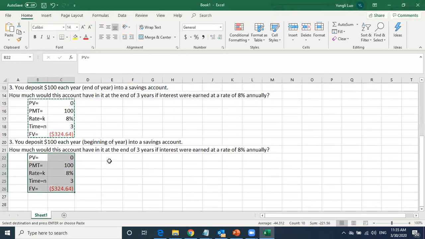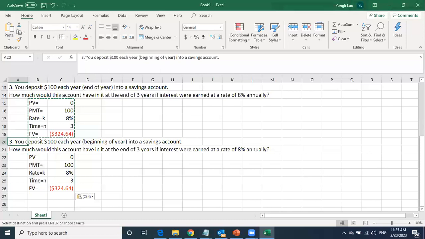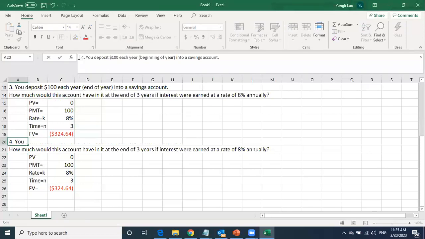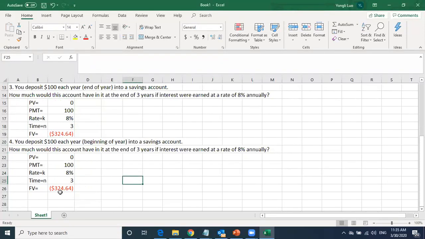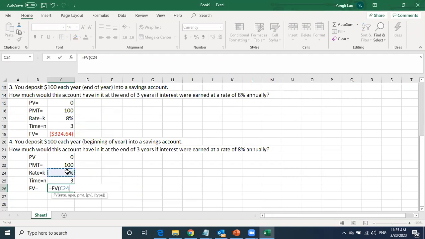Knowing that it's going to be an annuity due, using the Excel function, you see the future value: rate, number of time periods, payment, present value 0.